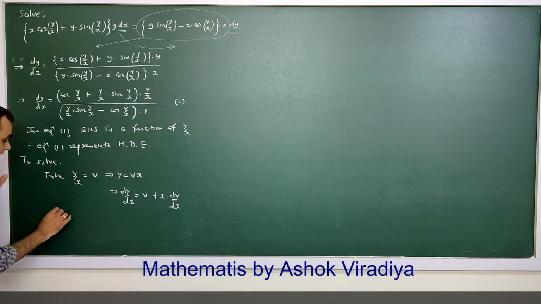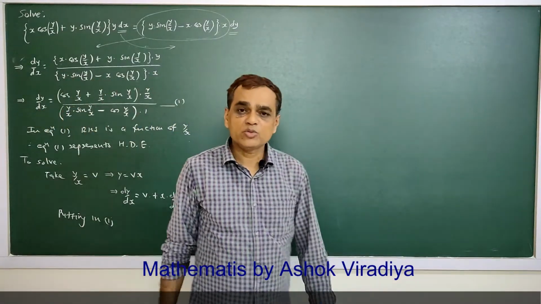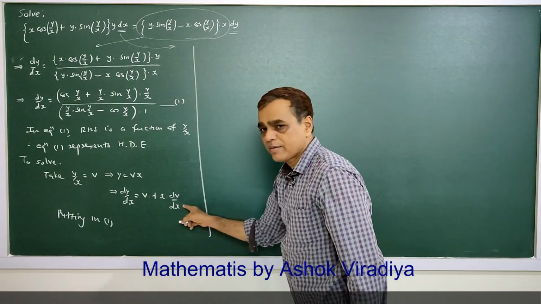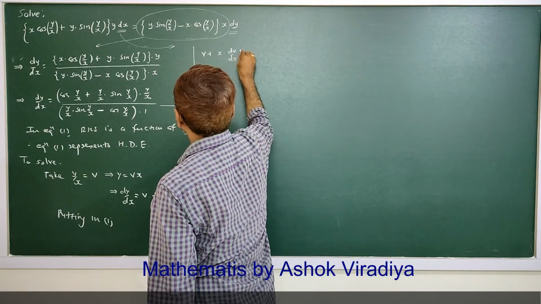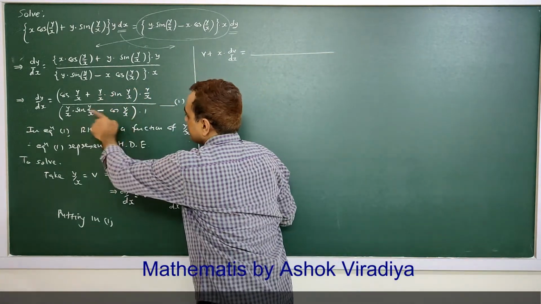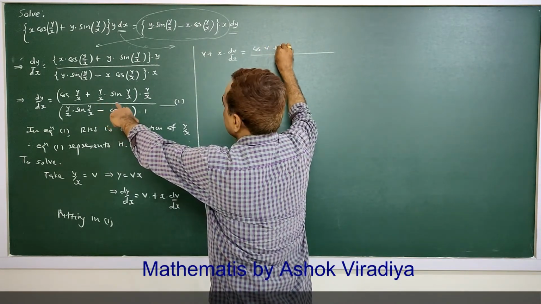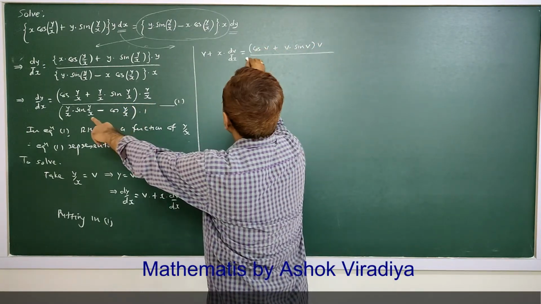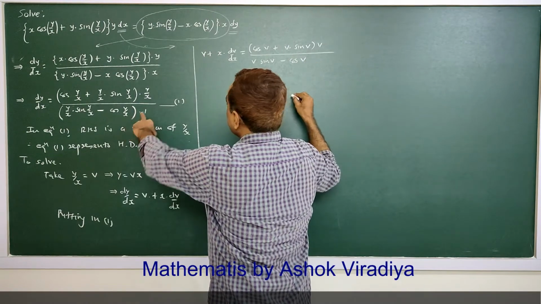So putting these values in equation 1, we have v plus x into dv by dx equal to cos of v plus v into sin v, upon v into sin v minus cos v.